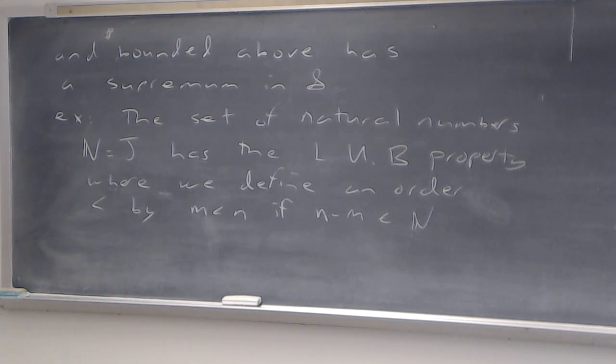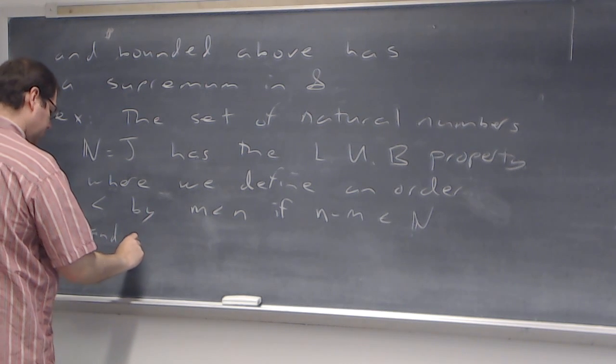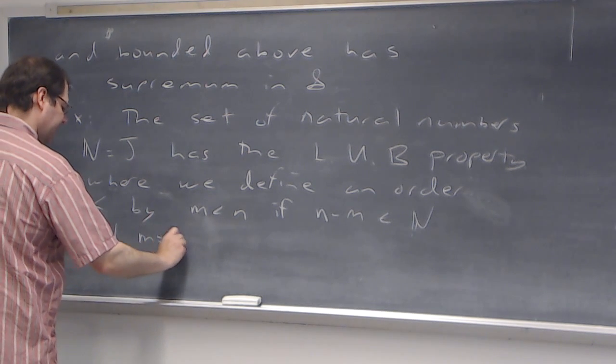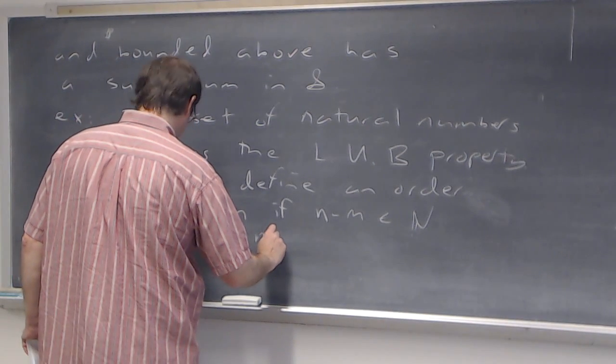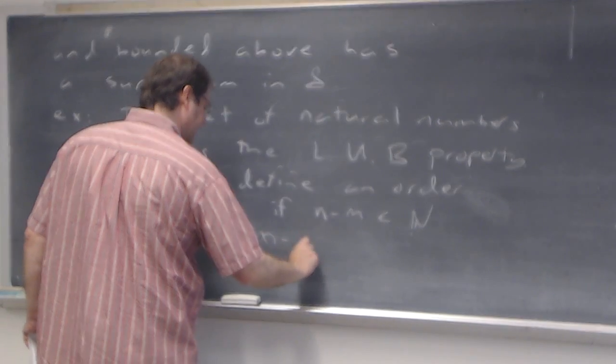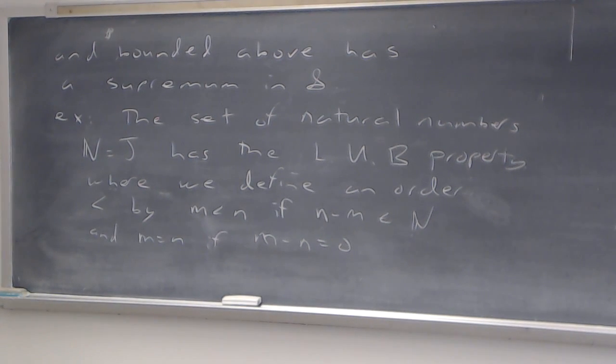So that's my ordering. And m equals n if n minus m equals 0. That's what we have.